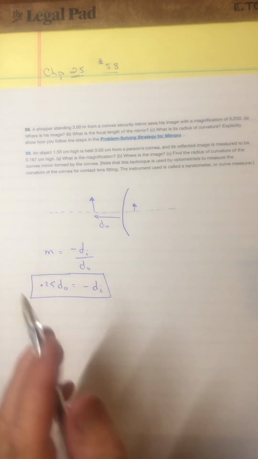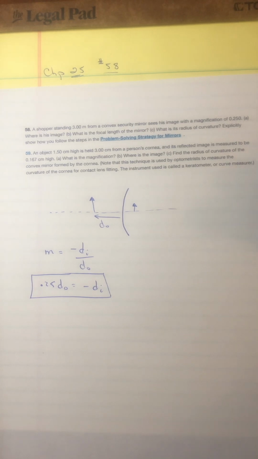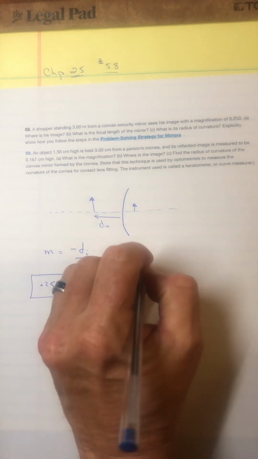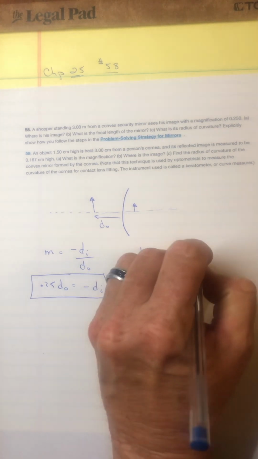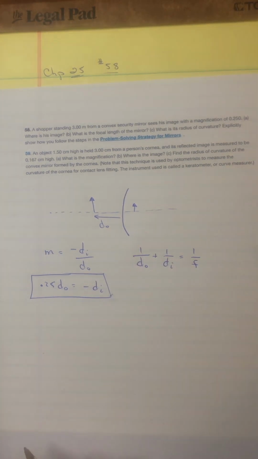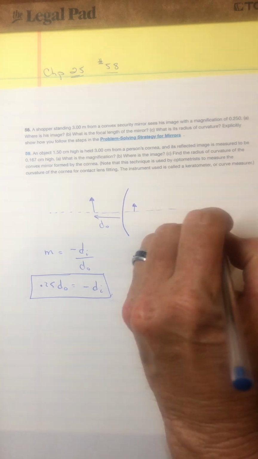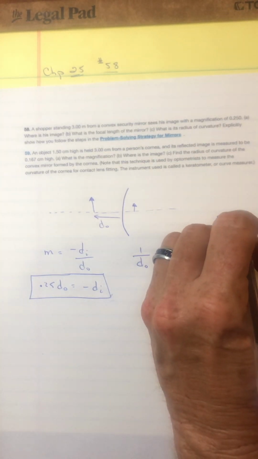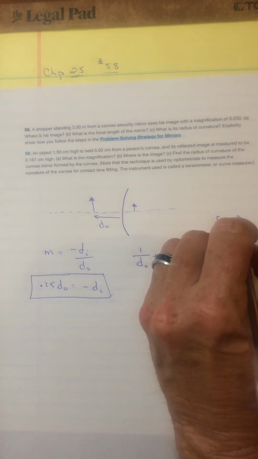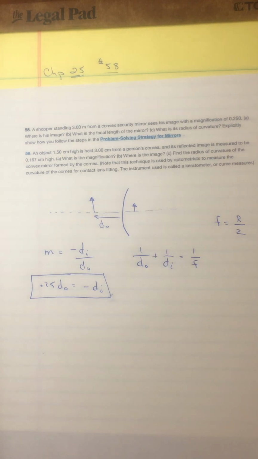That's the first piece of information. And the second one is 1 over object distance plus 1 over image distance is 1 over focal length, where for mirrors, not lenses, the focal length is the radius over 2.